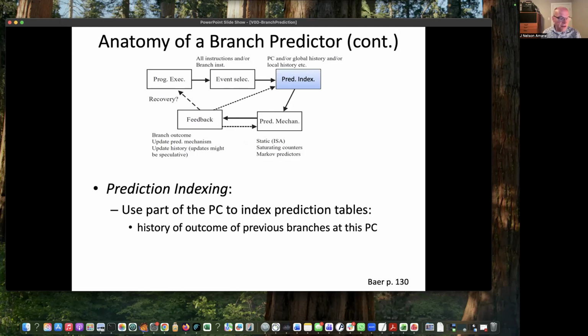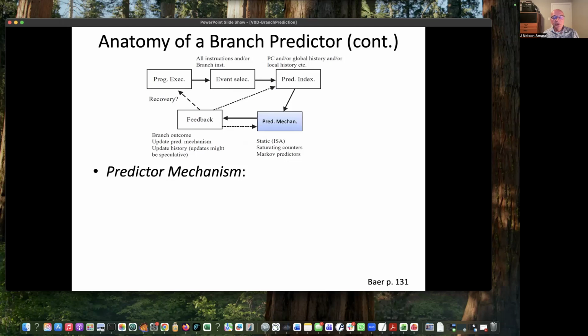I only see the local history, that is, how did this branch go in the previous execution of this branch. I can also use the history of the execution path leading to this program counter. And you can imagine if I get to a branch from different paths, the outcome of that branch may change.